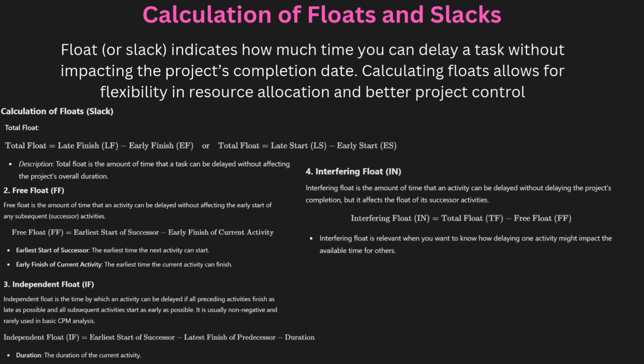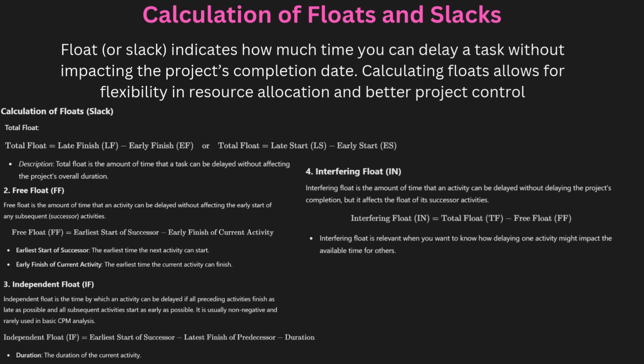So, float, also known as slack, refers to the amount of time a task can be delayed without delaying the project completion. Calculating floats helps the project managers to identify the tasks that have flexibility in the start and finish times. There are two types of float, total float and free float, and others like independent float also.